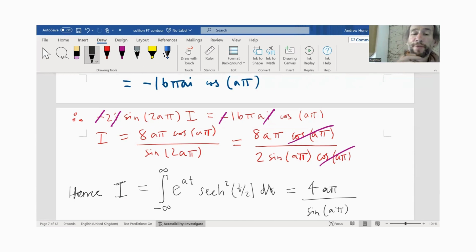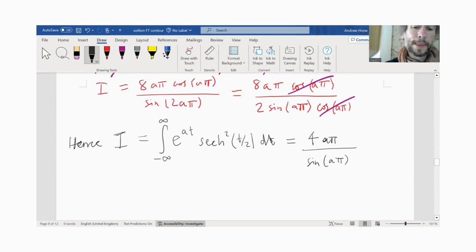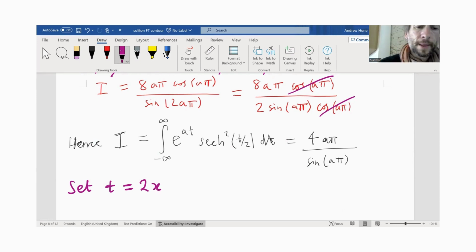And now finally, if we want to get the Fourier transform integral, we can take t equals 2x, and we can take a to be i k over 2.